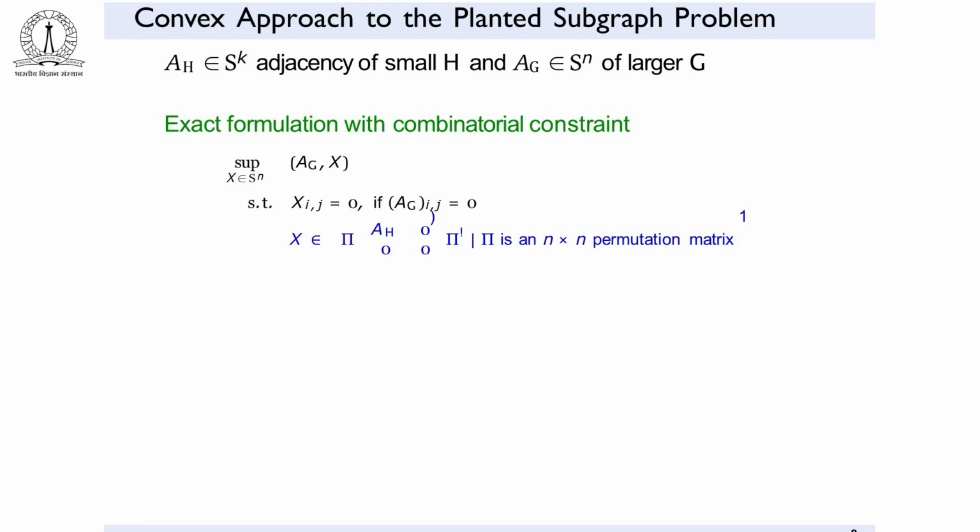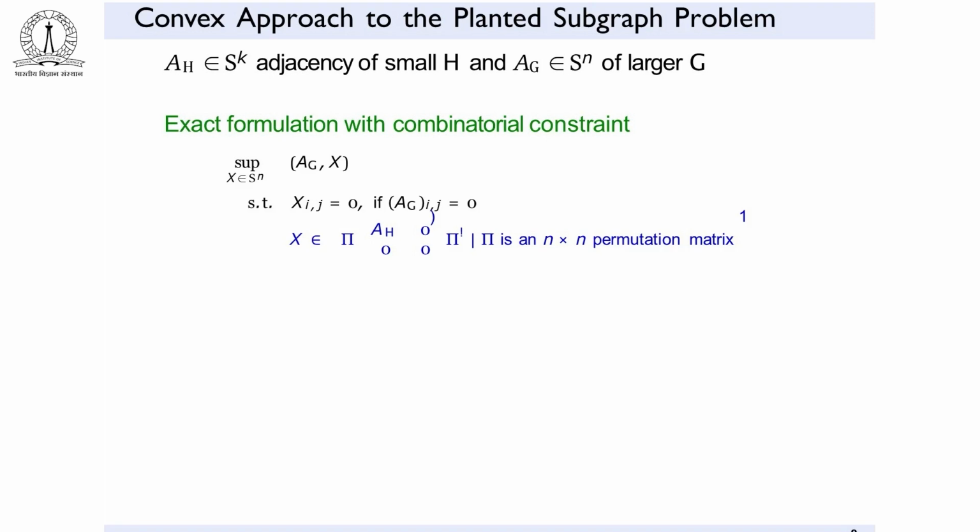And similarly, an adjacency matrix for my larger graph G. And I'm going to search over all n by n symmetric matrices to maximize the inner product between my graph G and this matrix, to maximize their alignment.